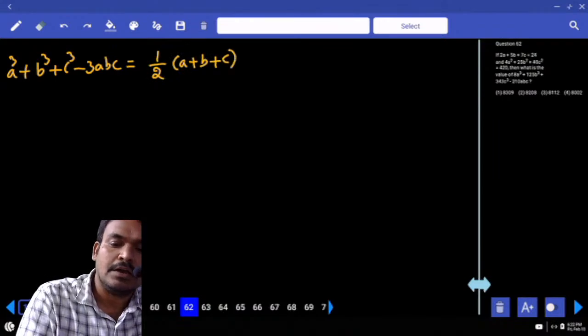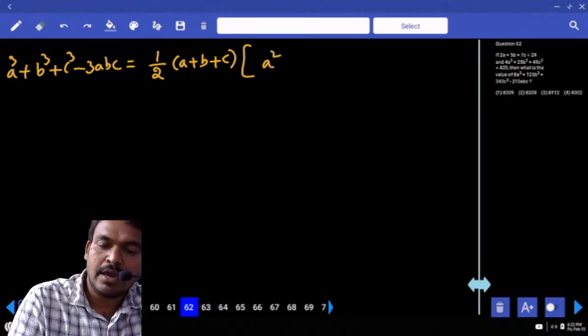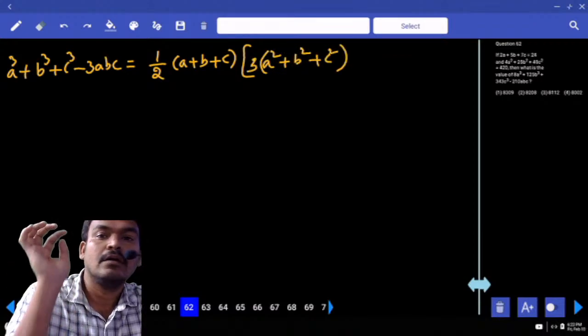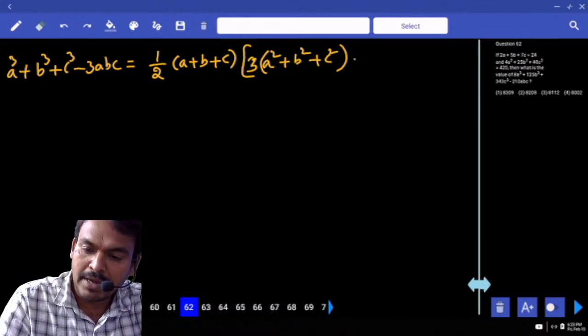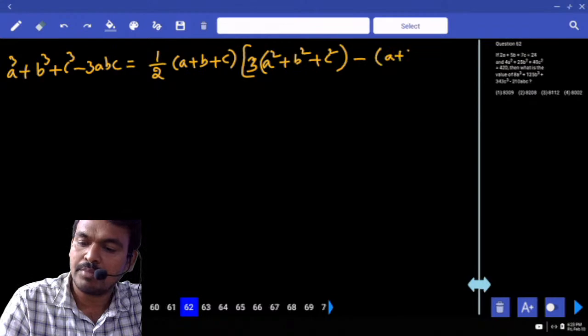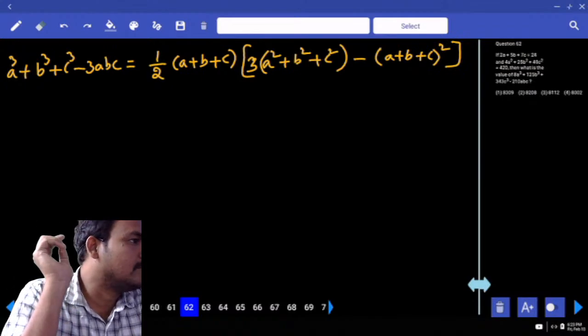c into a square plus b square plus c square into 3 times or not? 3 times of which one? a square plus b square minus a plus b plus c whole square. It is a direct formula.